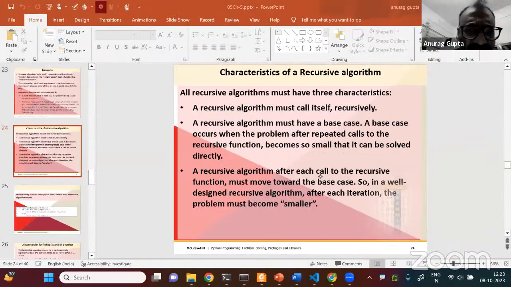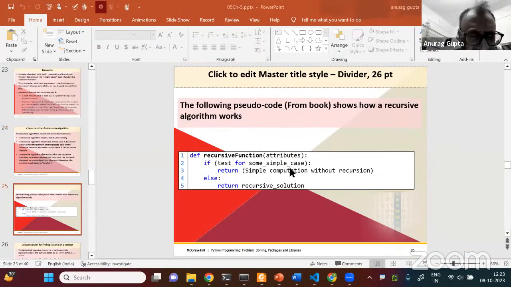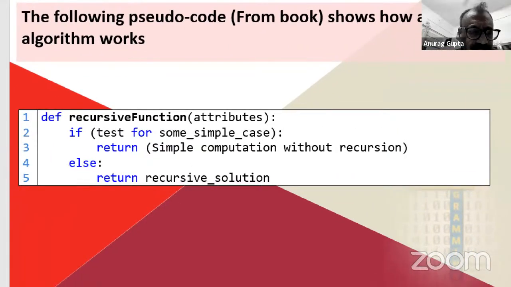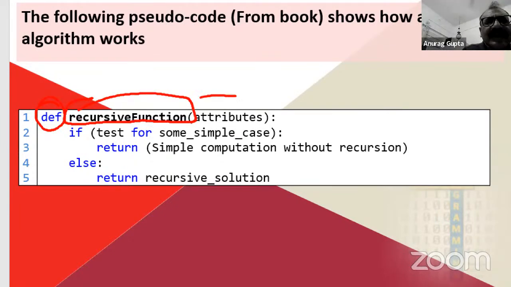So this we'll understand. I've written some pseudocode. A typical recursive function is written like this: def recursive function, then the attributes which you pass, followed by the colon.